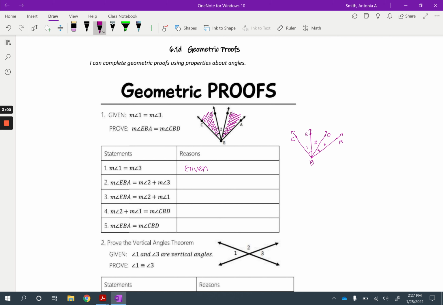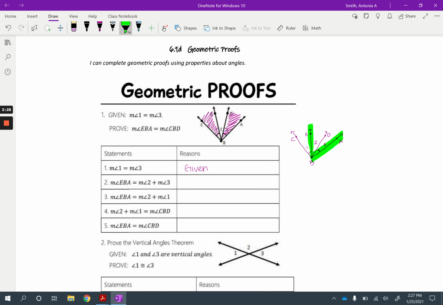So I've redrawn the original picture because I colored on my original picture. Okay. So statement 2 says the measure of angle EBA. I'm going to highlight that angle real quick. We have E to B to A. There we go. So that's EBA, highlighted in green.